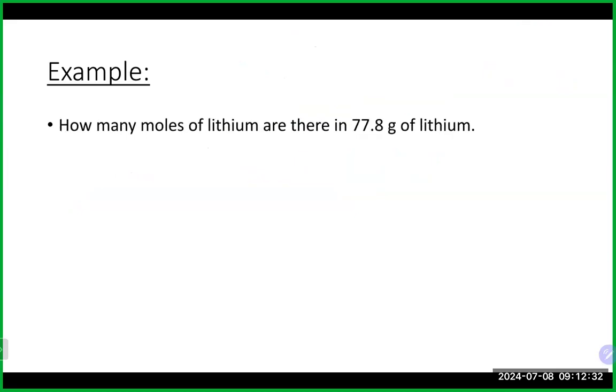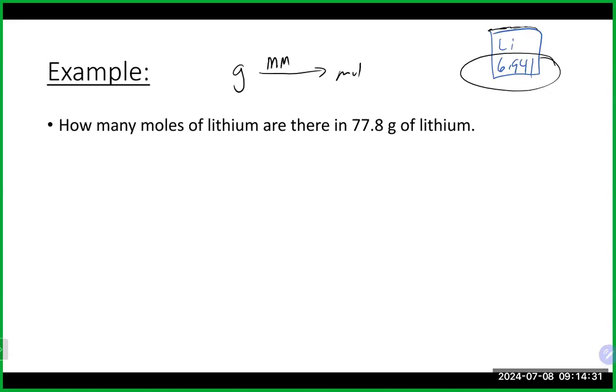All right, so I want to try lithium here. We got this one here. We're looking for moles, and we have grams. So once again, that's a grams to moles conversion. That's going to be our molar mass from the periodic table. No mention again of atoms, molecules, or particles, so no need to use Avogadro's number. That's going to give us, off the periodic table, 6.941 grams per mole of lithium.